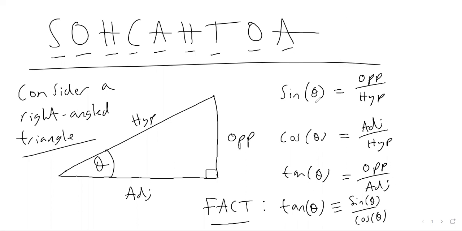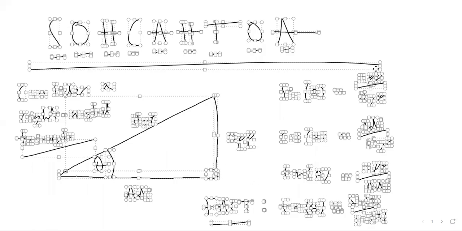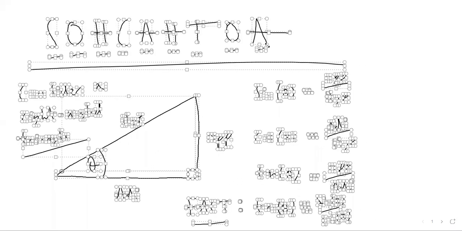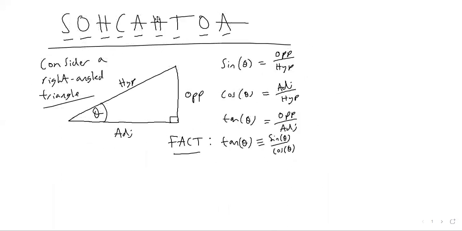So why is this true? Well, if you do sine theta divided by cos theta, let me just make my writing smaller so I can keep this all on the same page. Let's do a proof down here of that. Sin theta is just the opposite divided by hypotenuse.